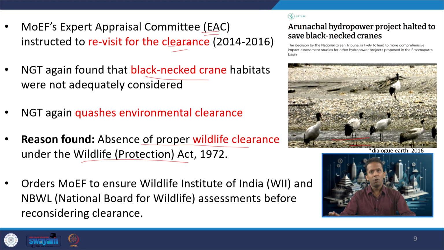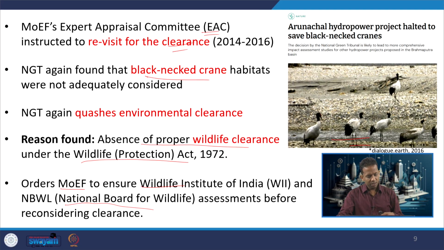The job of NGT is not just to quash or accept cases. Many times it recommends or suggests better alternatives, or gives directions which can be followed by the petitioner or the respondent to make their case better. So, it ordered MOEF to work with the Wildlife Institute of India and NBWL, the National Board for Wildlife, for assessments before reconsidering the clearance.